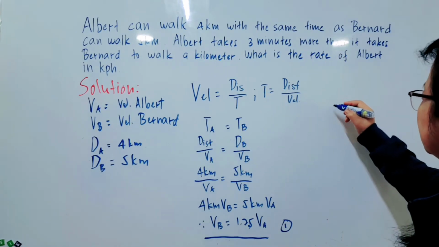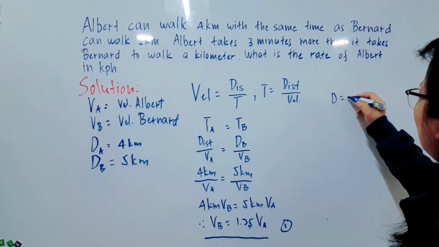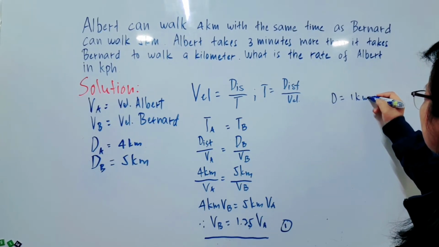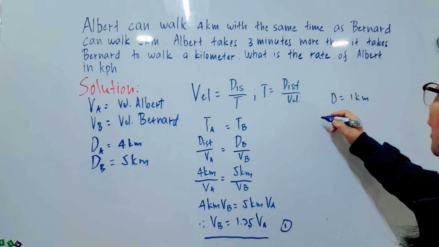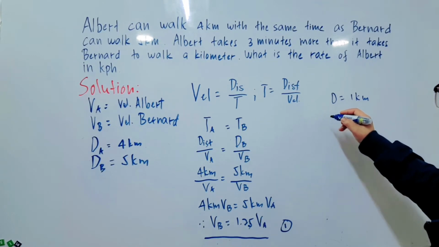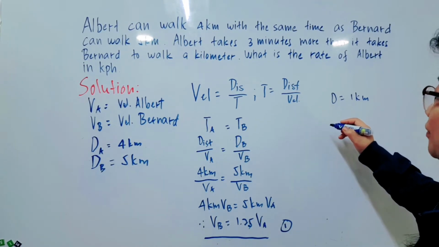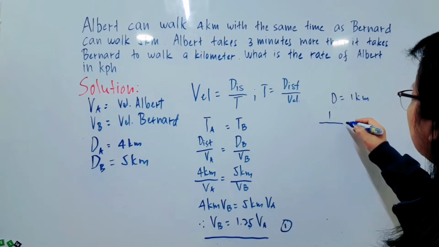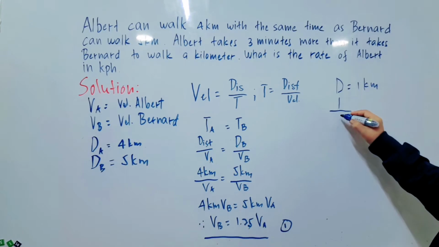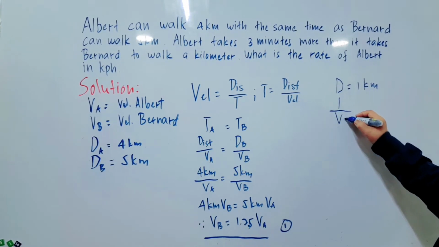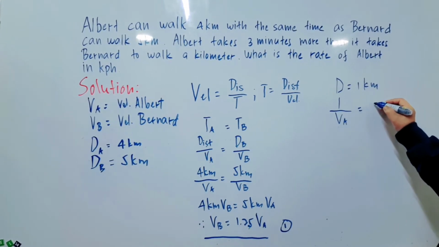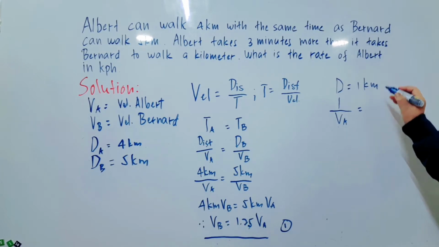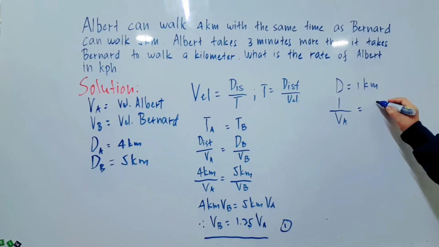So at a distance of 1 kilometer, Albert takes 3 minutes more than Bernard.